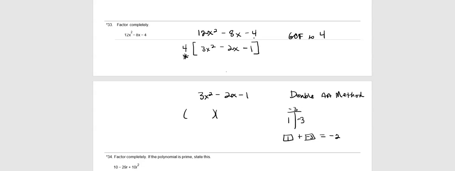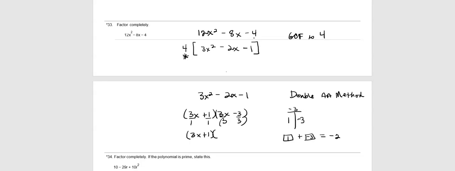So we begin to set up our double A's. We have 3x squared, so that's 3x, 3x. We're using a +1 and a -3 in our binomials. The GCF for 3x and 1 is just simply a 1, so the 3x plus 1 doesn't change. The GCF for 3 and 3 in the second binomial is 3.